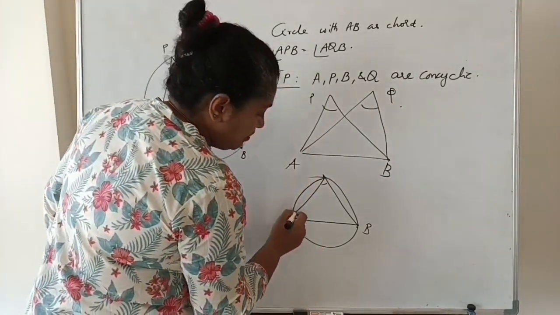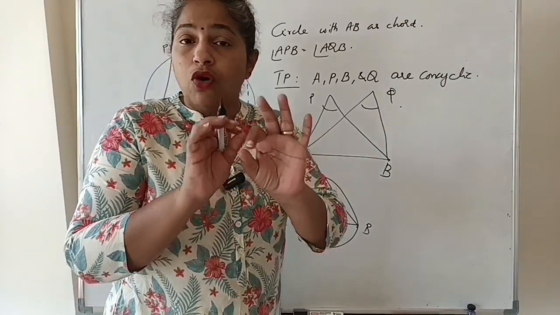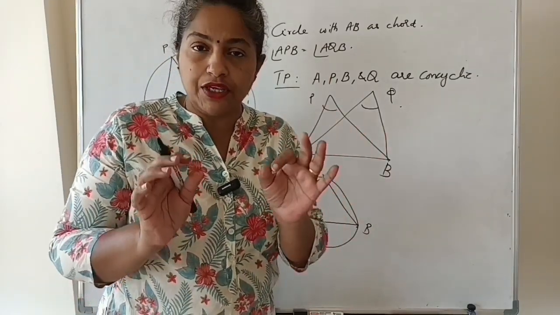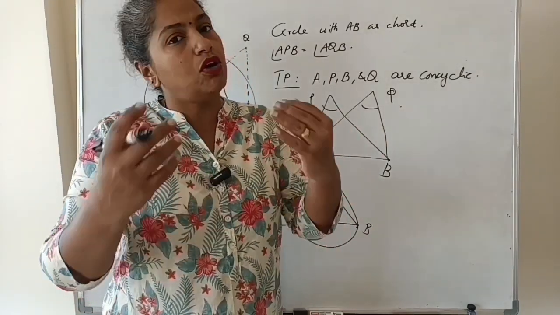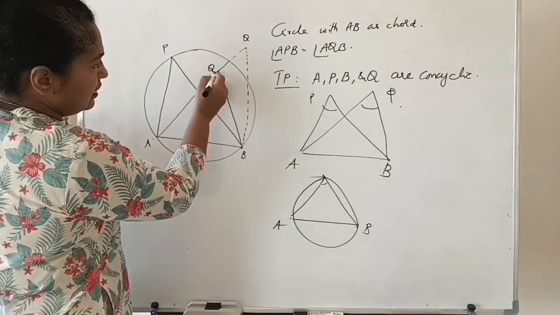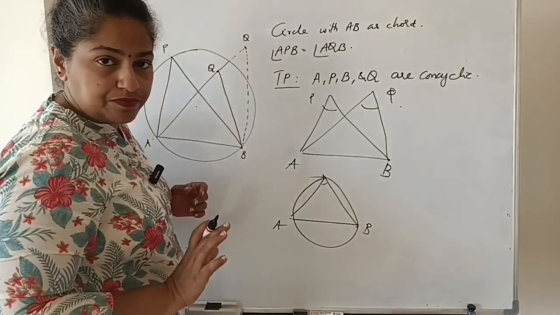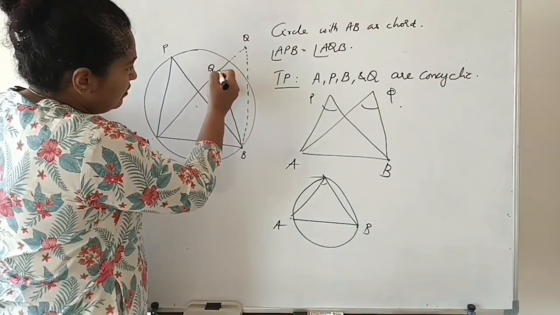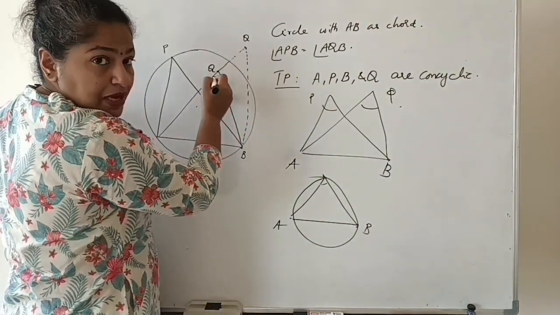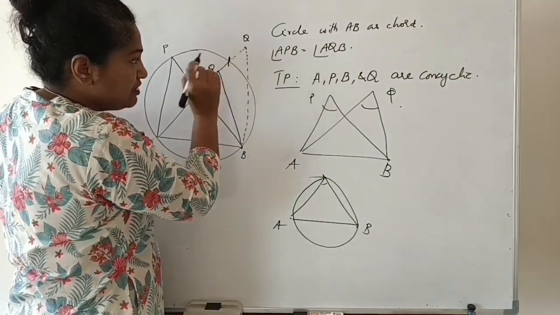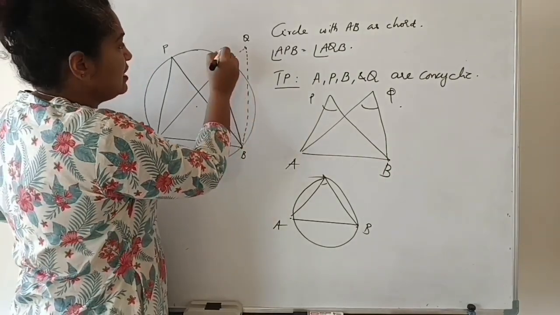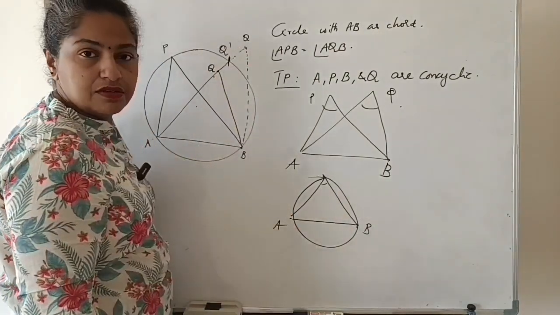Now, I am assuming that the point Q is not on the circle. So Q has to be either inside the circle or outside the circle, either here or here. And the point at which the line intersects the circle, I am going to name Q dash.